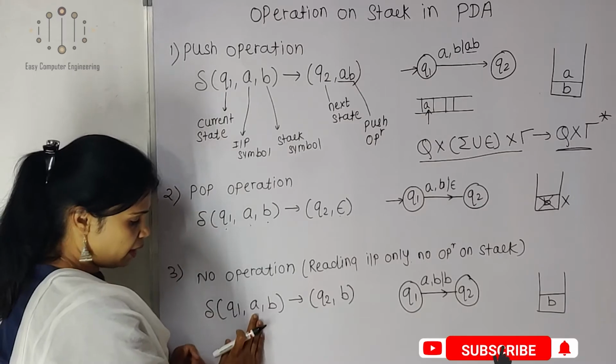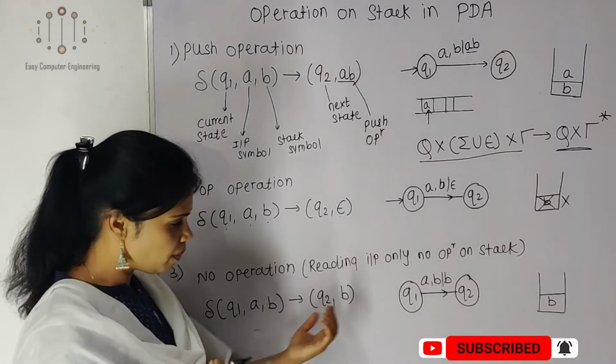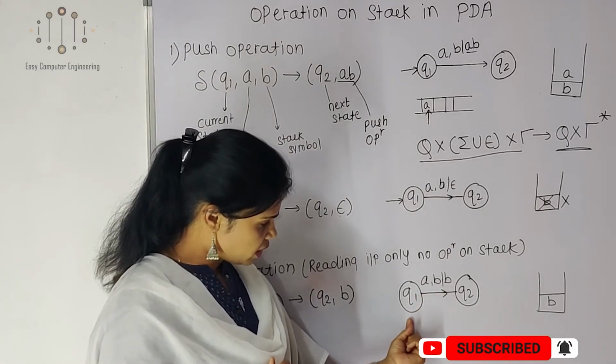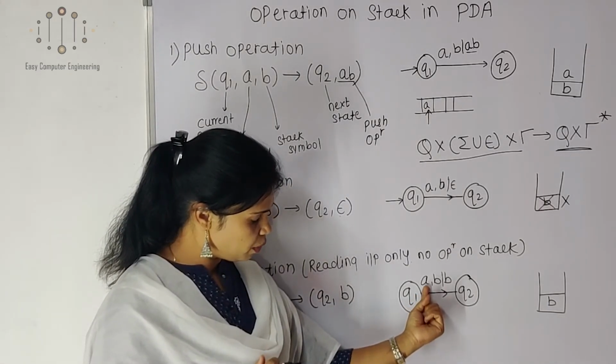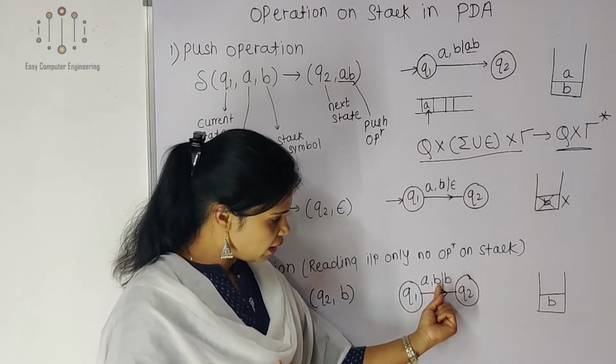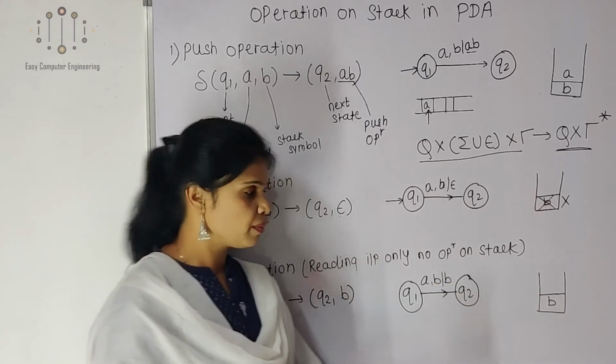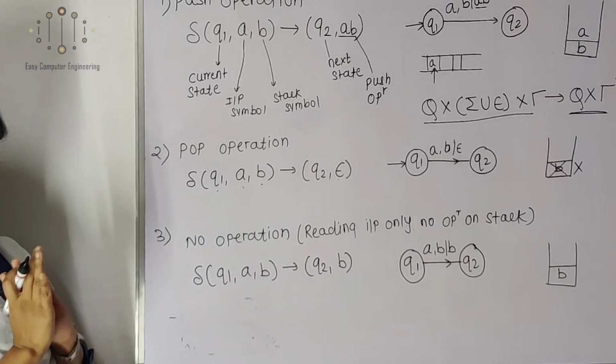I am just reading the input symbol, that is A. So how can we show it? From the Q1 state, read input symbol A, B is already there in your stack, keep it as it is. Just reading the input symbol.